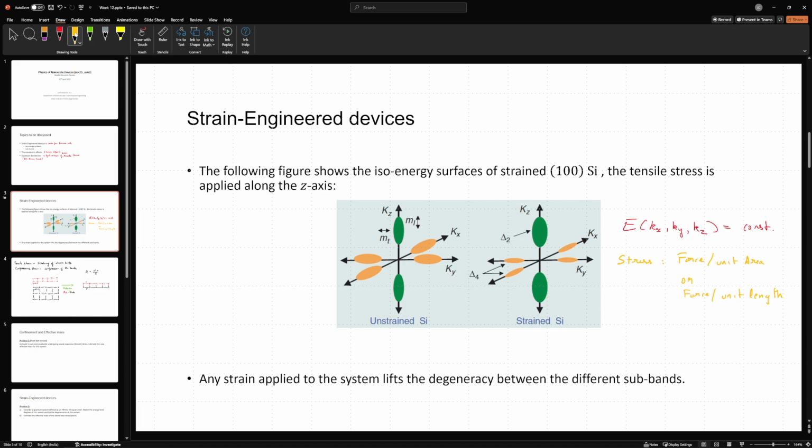And when I say strain, what I mean is the system's response to stress. So how does the system change itself to the stress that is introduced? The system's response to stress.